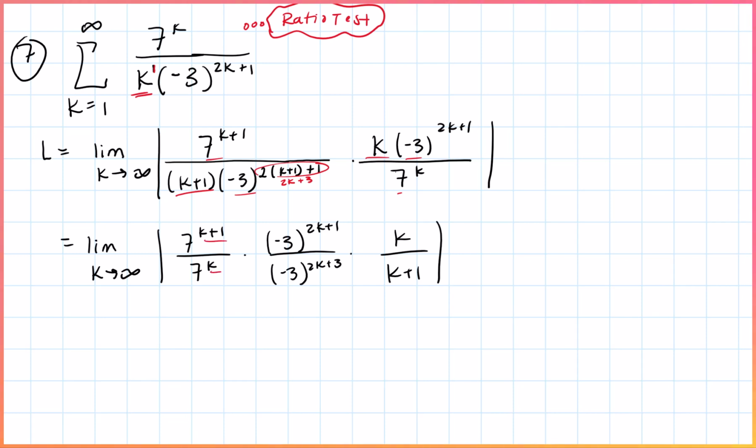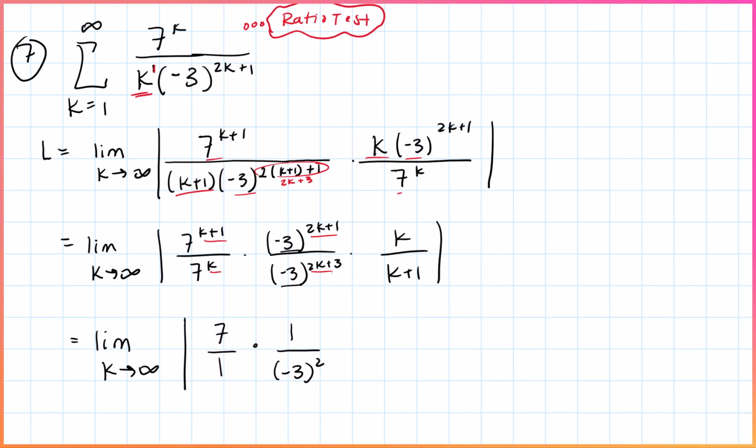With 7 to the k plus 1 and 7 to the k, we're going to get a 7 to the first power in the numerator. So we get 7. There's this term here we can't drop the absolute value on, so we'll leave everything in absolute value. So we've got 7 on the top, 7 over 1. And here we end up with negative 3 to the second power, because when we take the difference here, we would get negative 3 to the negative 2, and then drop that down.